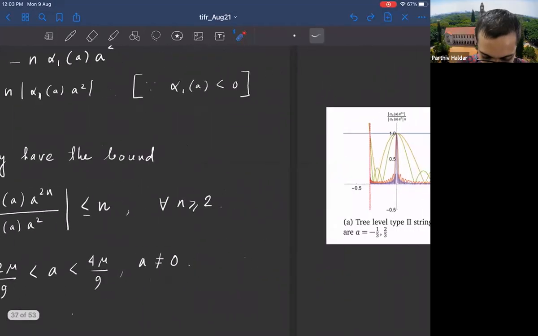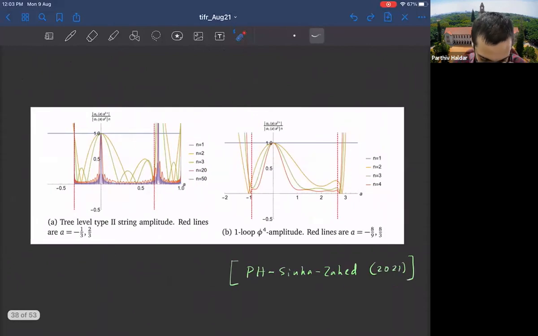Okay, so here are some of the tests, some amplitudes for which these bounds were actually tested. This shows the one-loop amplitude, and this is the tree-level type II string amplitude, where you have essentially subtracted the massless pole.